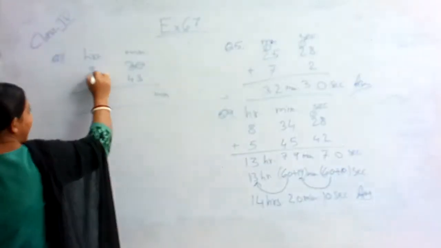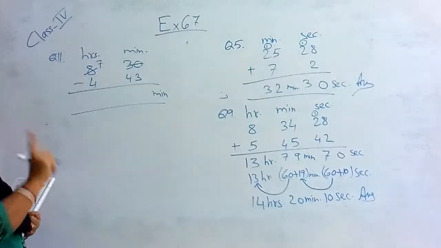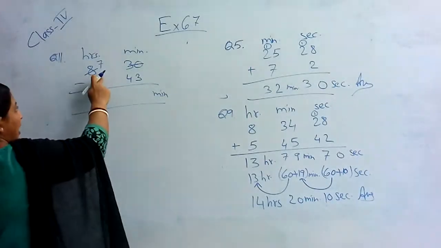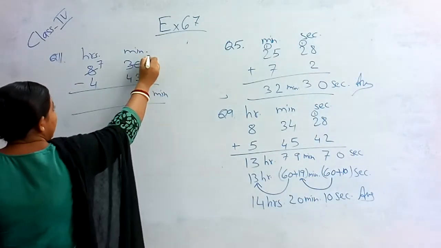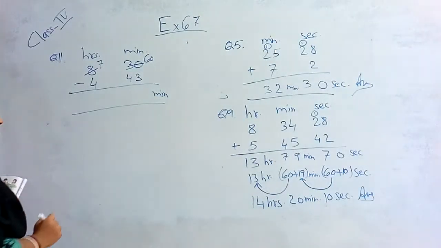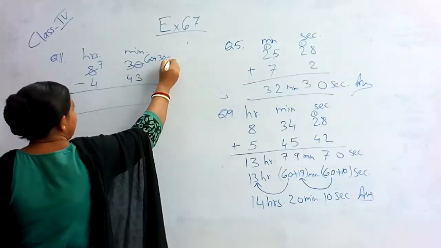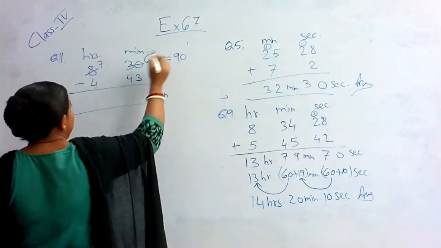What will you carry? You will carry from hours. So 8 will be 7. Now 1 hour is converted from hours to minutes. That means it will be 60 minutes. 1 hour is equal to 60 minutes. So 60, and already we have 30. So this will be 60 plus 30, 90 minutes.